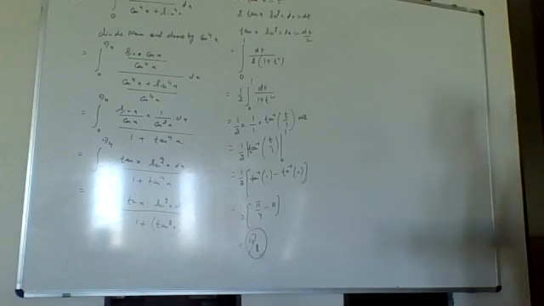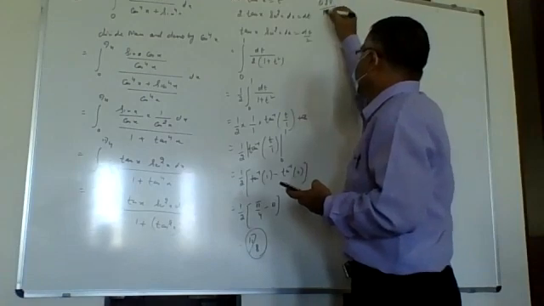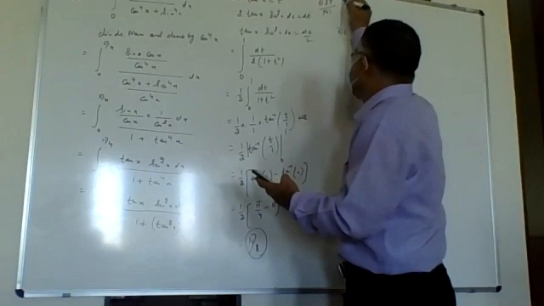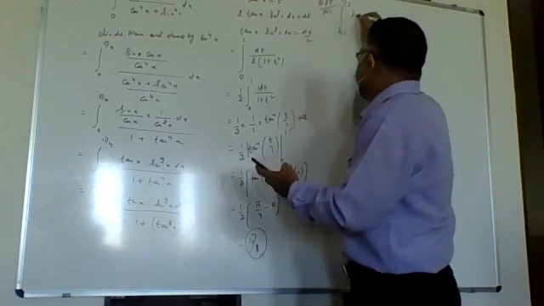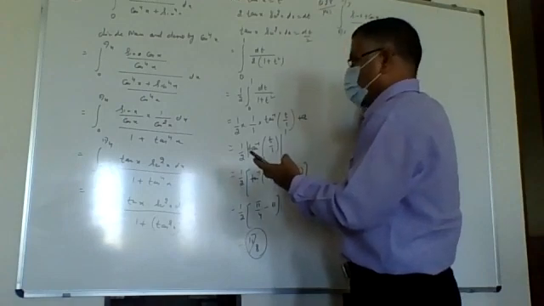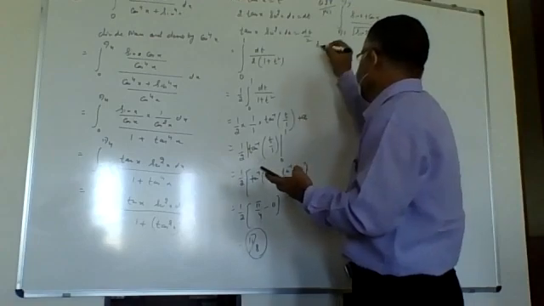So, important question, question 28, miscellaneous. This is pi by 6 to pi by 3, (sin x plus cos x) upon under root sin 2x dx.